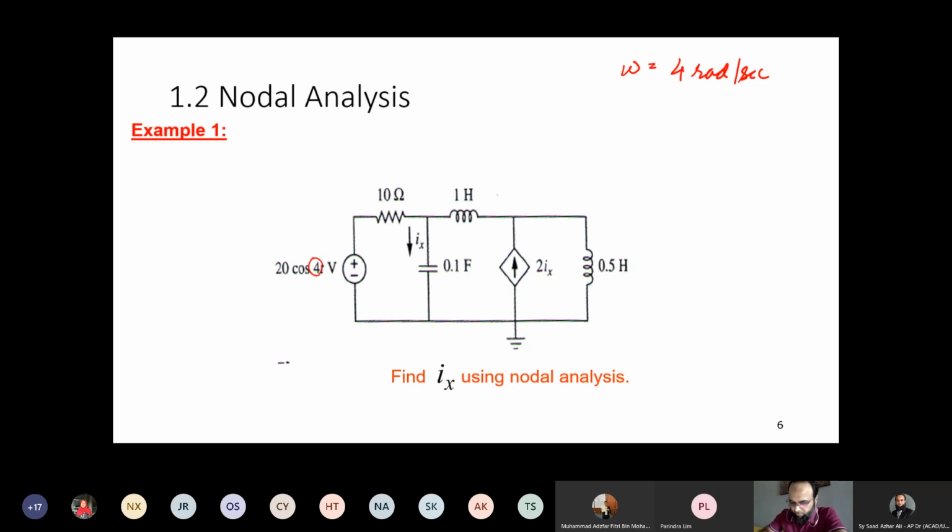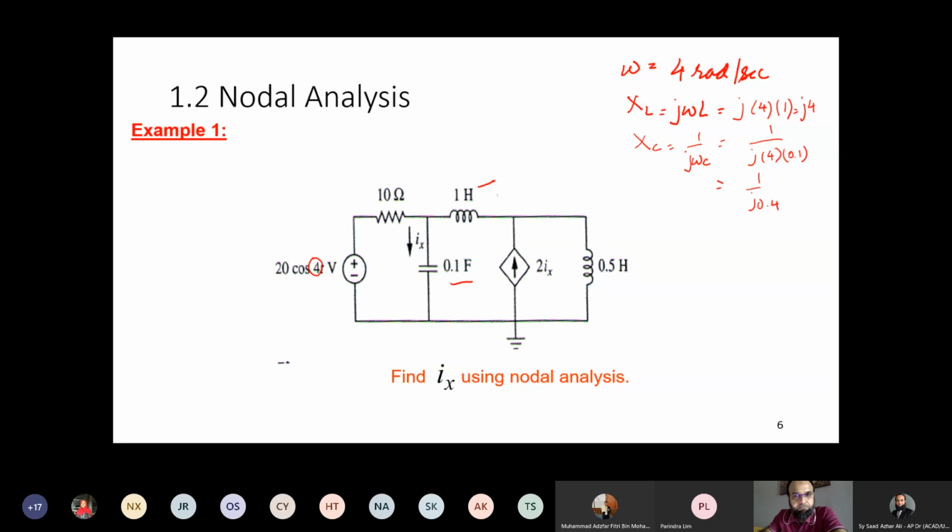This means the inductance and the capacitance, we can convert them into the frequency domain as well. If you remember, XL is j omega L, which will be j times 4 times 1, which is j4, and XC will be equal to 1 over j omega C, which is 1 over j times 4 times 0.1, or 1 over j0.4.